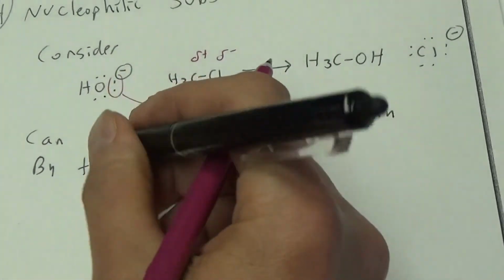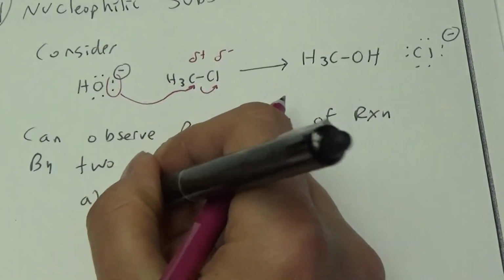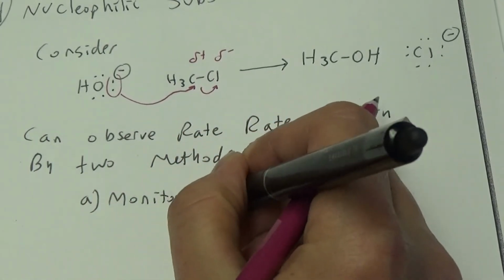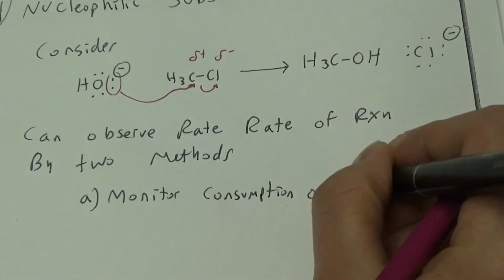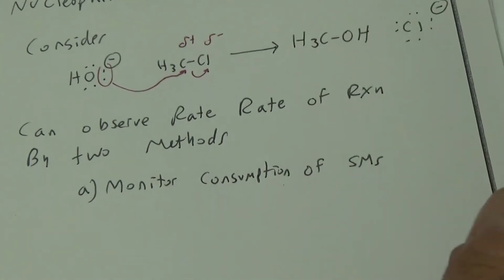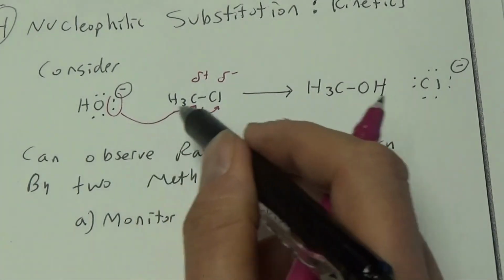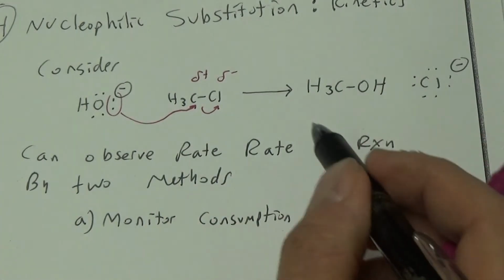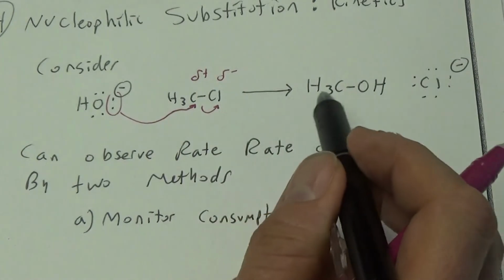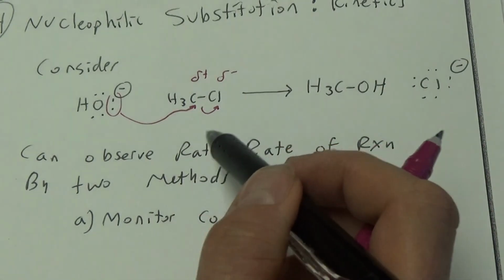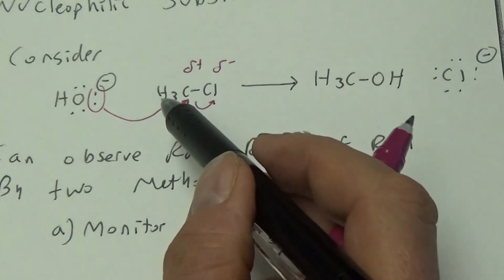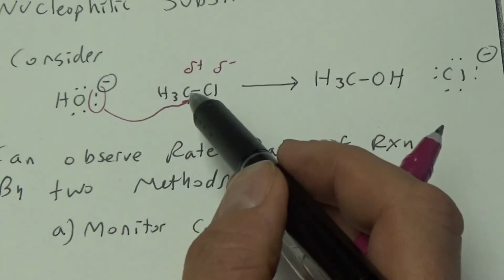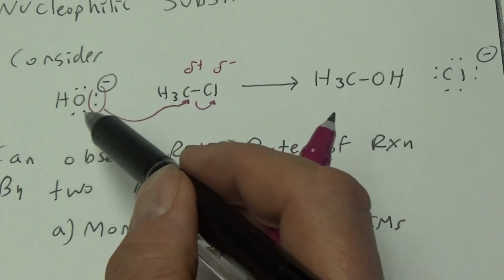The two methods are: monitor the consumption of the starting materials, so we can watch the starting materials disappear. There are ways to observe organic molecules like chloromethane easily. It's maybe a little easier to monitor this than it is to monitor this.